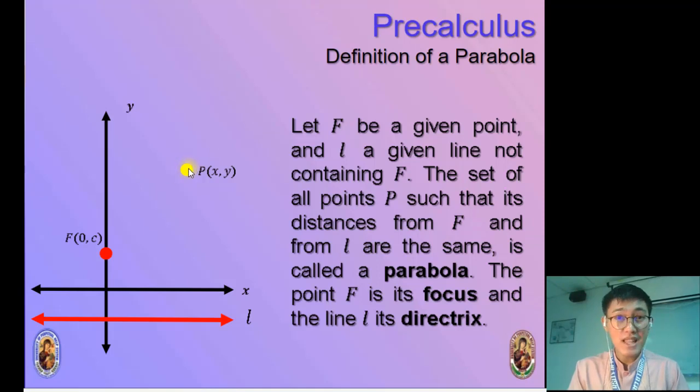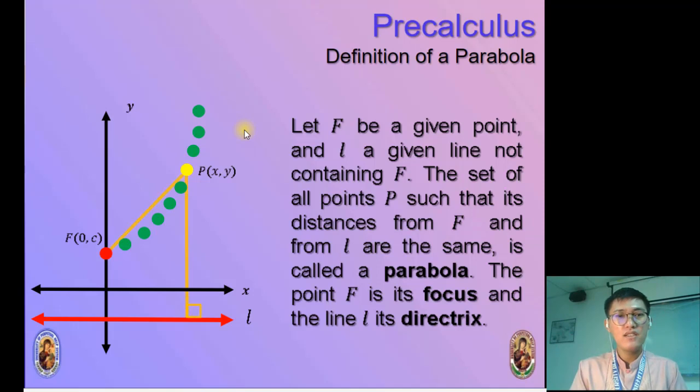So this point P is any point on the parabola. If you connect this to the focus, and this one to this line, according to the definition, they are equal. The point F is its focus and the line L is its directrix.